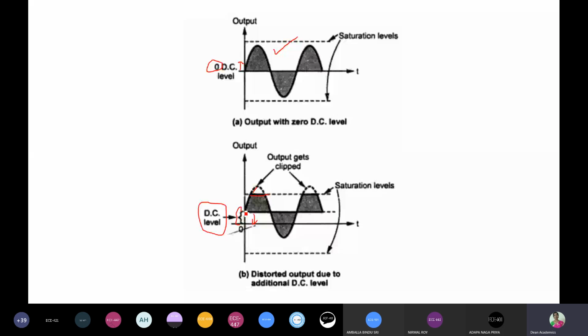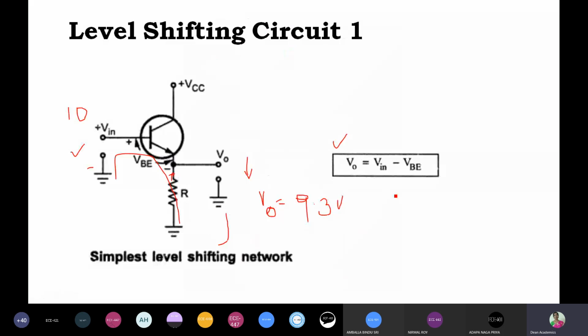But with this simplest arrangement, not 0, just to some extent we have reduced it. Our aim is to pull this DC level to 0, that is, to make V0 zero without affecting the AC signal.